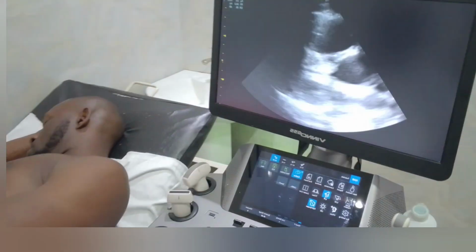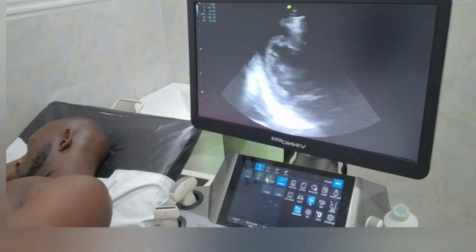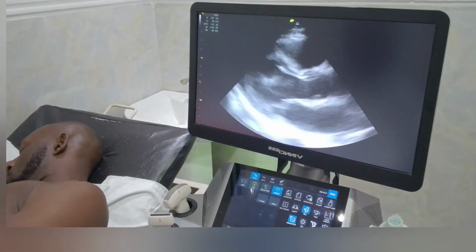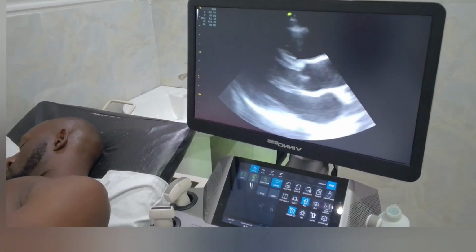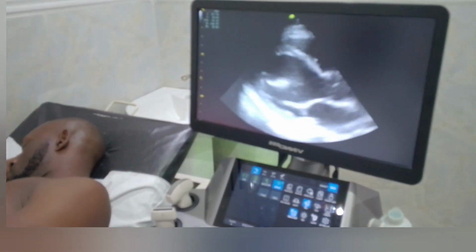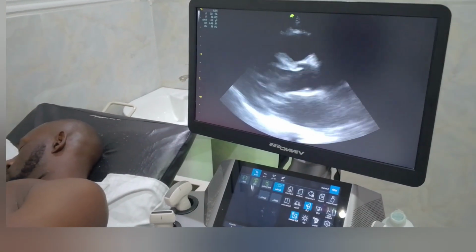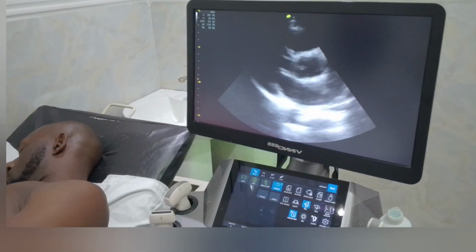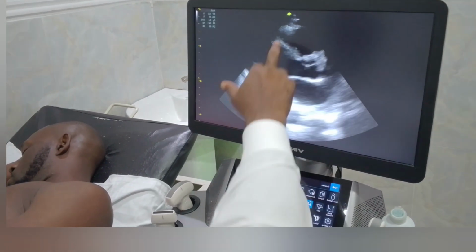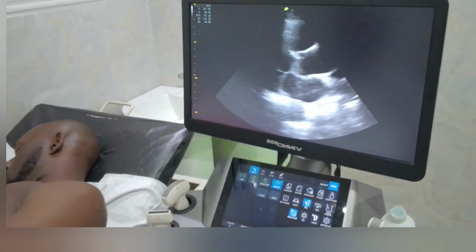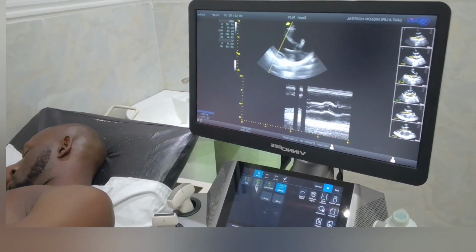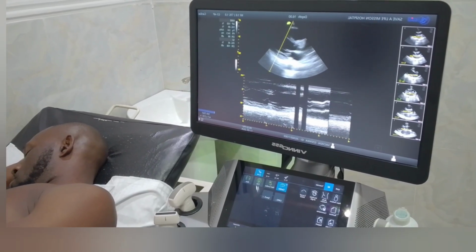Alright. So these are the basic measurements that we make for the parasternal long-axis view. Of course, sometimes you see us, when you have a good parasternal long-axis view where this septum is as horizontal as possible, use the M mode.